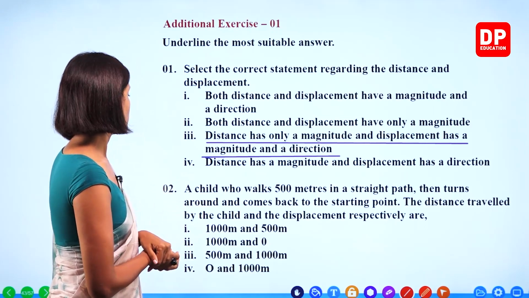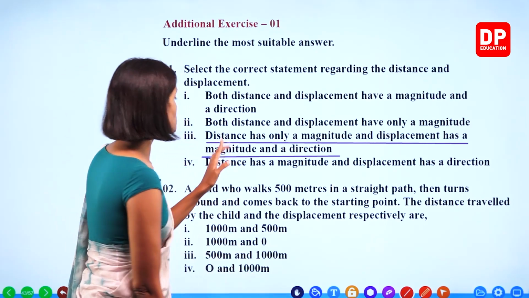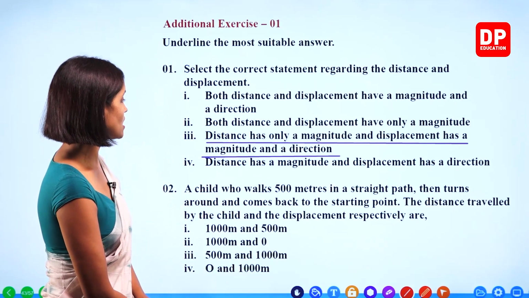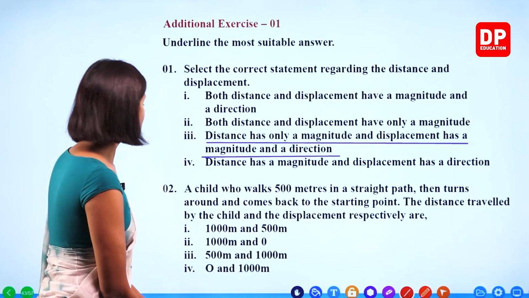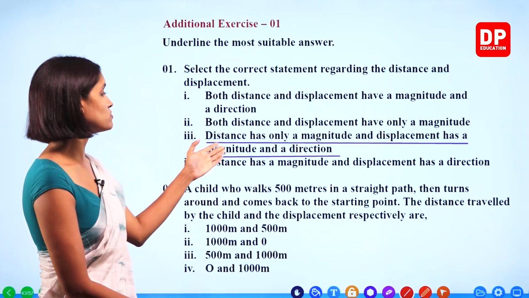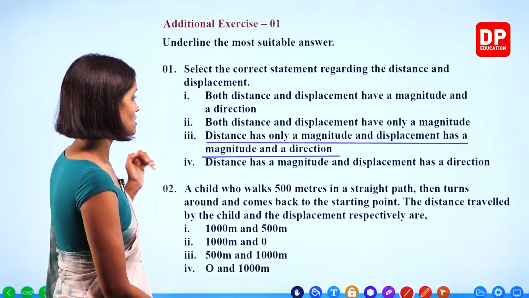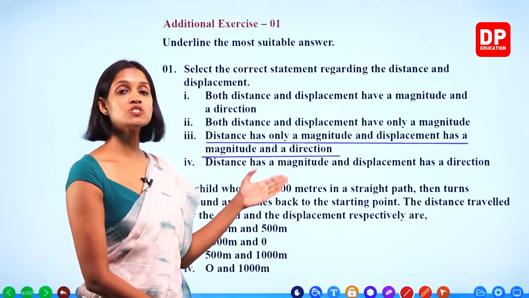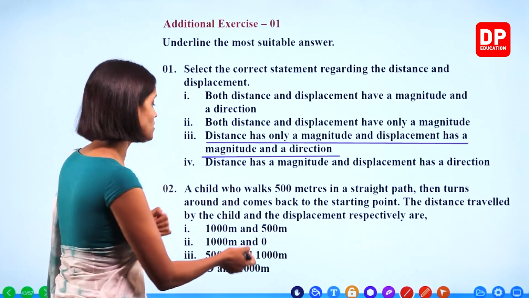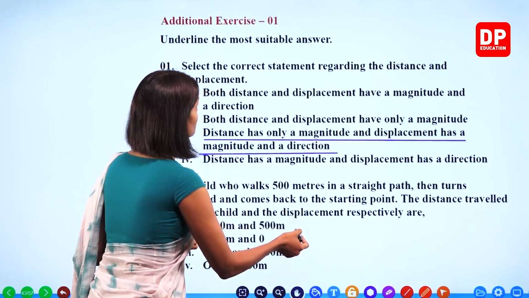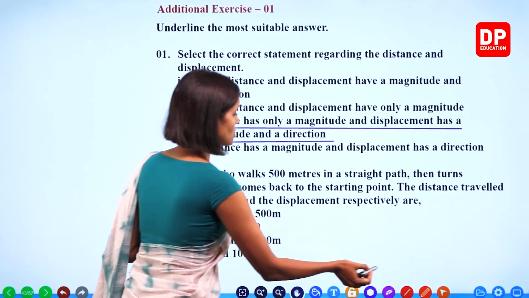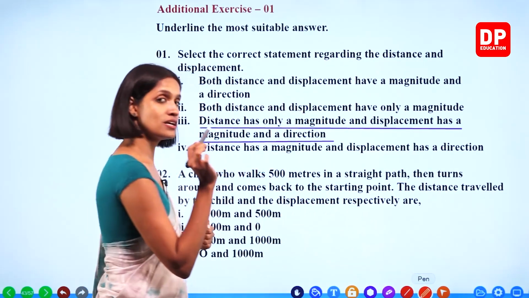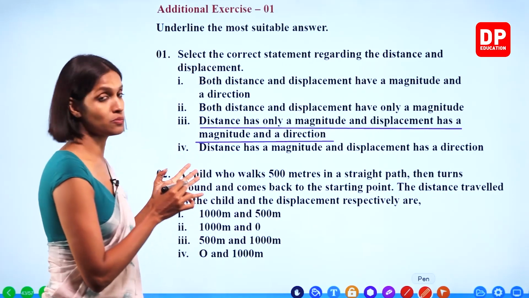Question 2. A child who walks 500 meters in a straight path, then turns around and comes back to the starting point. The distance traveled by the child and the displacement respectively, which means in order, are. Now, when you get questions like this, it's better to draw a small diagram to show the motion.